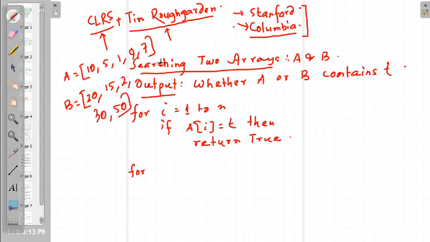So these are the two arrays. It may so happen that we are looking for 50 here, right? T equal to 50.